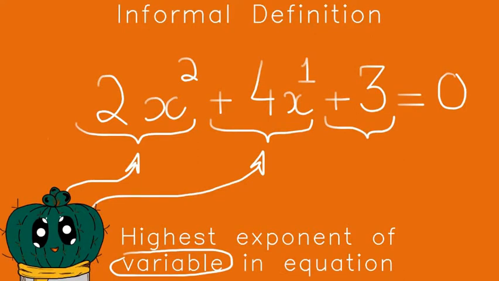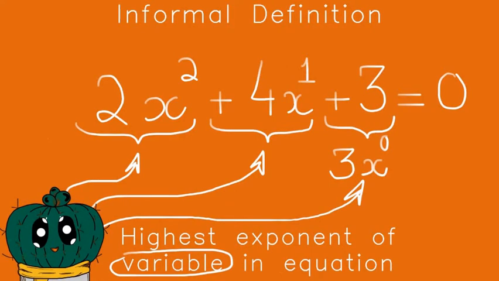And even though you might not see the variable right beside 3, it actually does exist. It is raised to the power 0, and that is why you don't actually see it, because anything raised to the power 0 ends up being equal to 1, and anything multiplied by 1 is just the number itself. So in this case, the number is 3, and the same goes for variables which have the power 0.